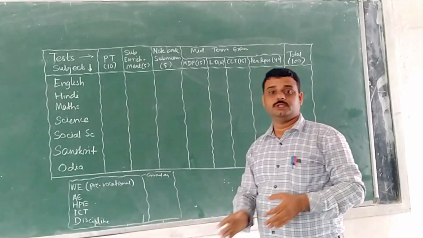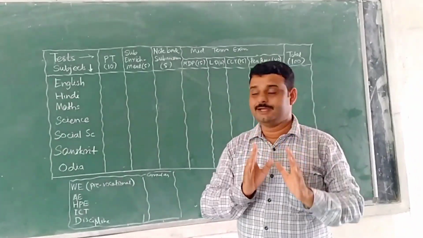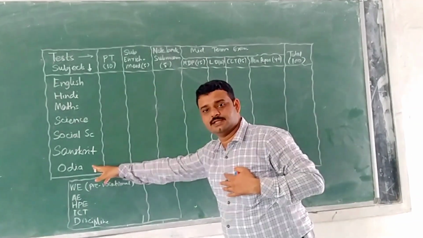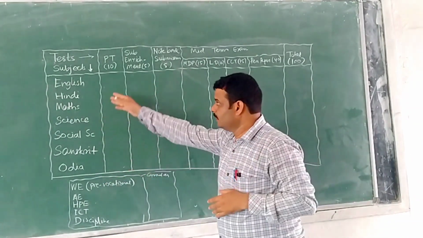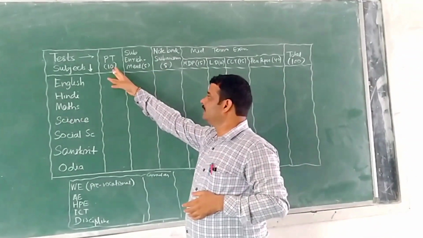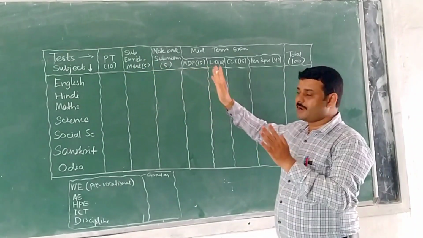These five elements will display grades, but the main subjects, including the additional subject here in our state, will display numbers exactly out of the weightage written in the brackets.